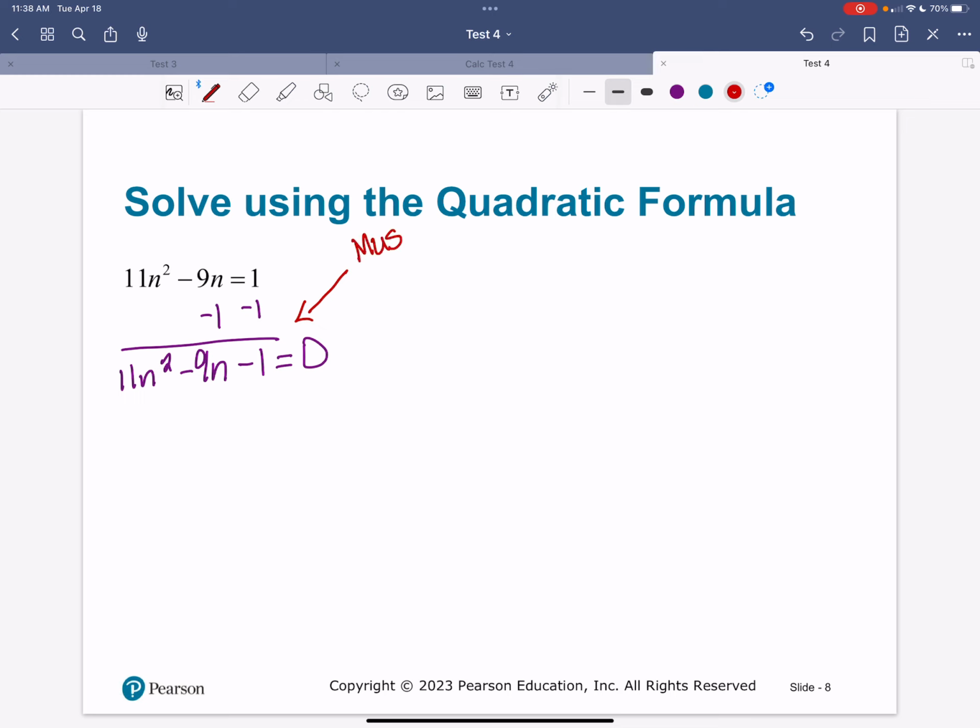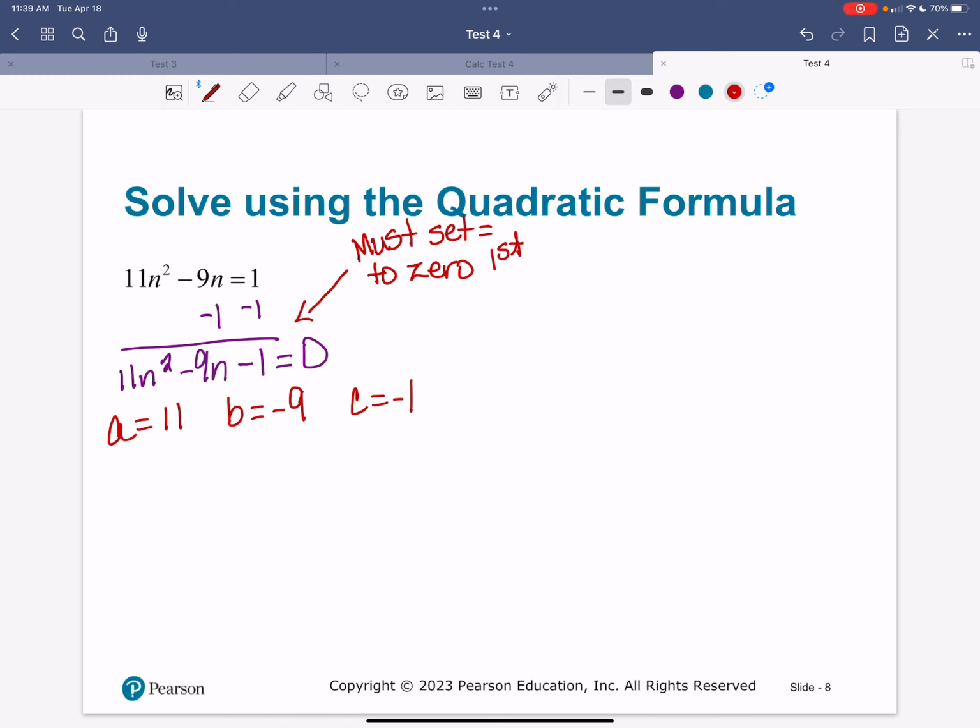Okay. Now I can identify my A value, my B value, and my C value.